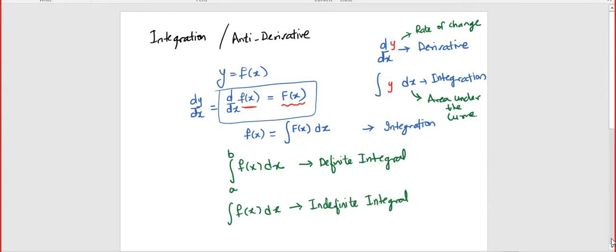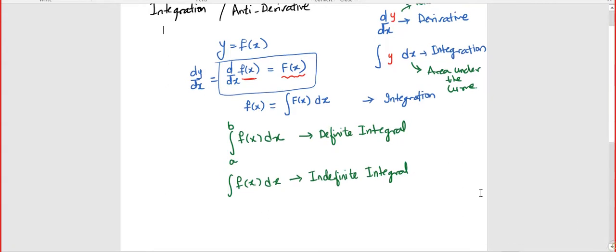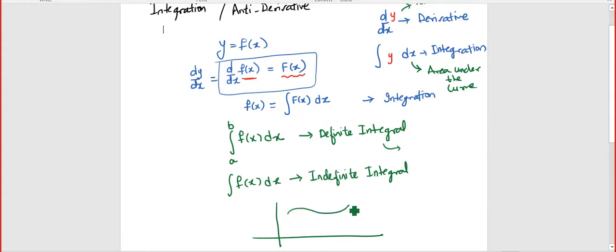When we talk about definite integral, suppose you have the curve of a function, this is your x, this is y, and this is the curve of the function y is equal to f of x. Suppose you have limits for x, say x is equal to a and x is equal to b.